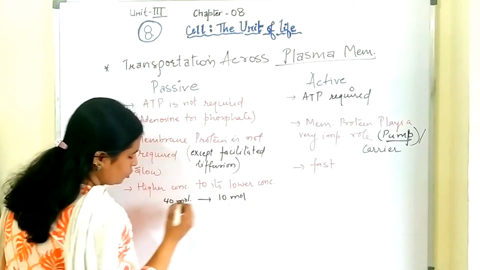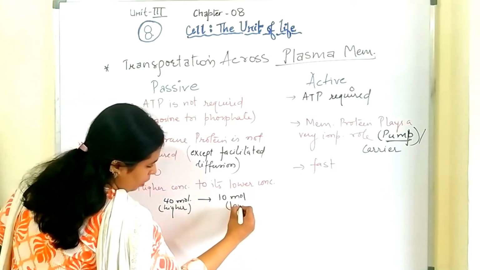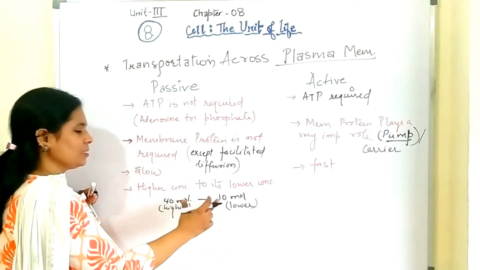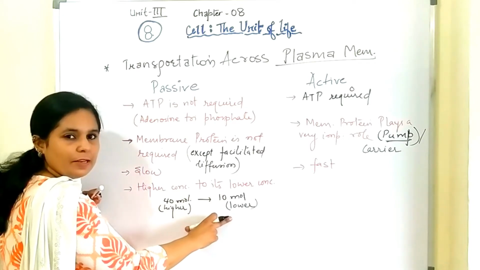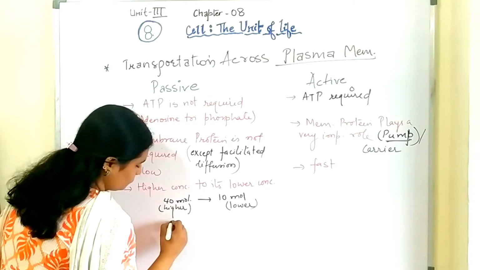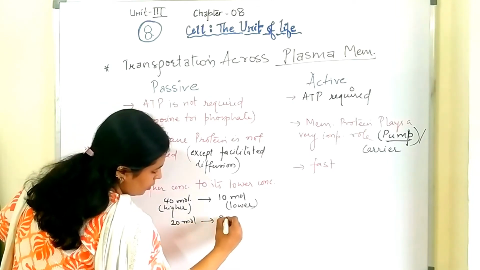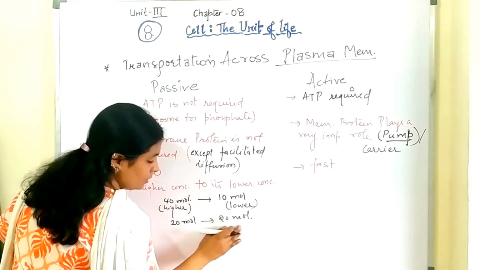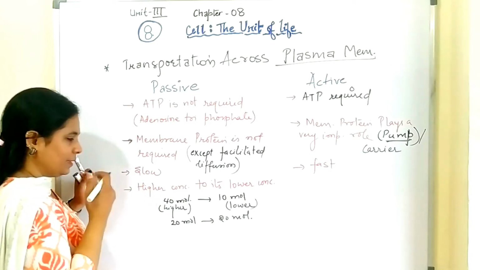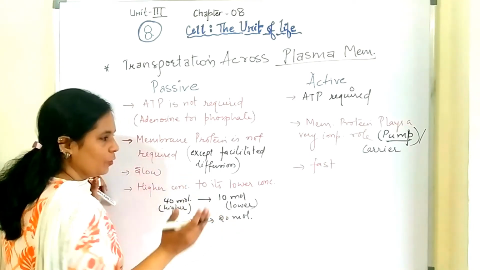So this is the higher end and this is the lower concentration. The movement will take place until both systems come into an equilibrium state, that is, 20 molecules here and 20 molecules here. Till this stage the transportation will keep on carrying until they reach the equilibrium state.